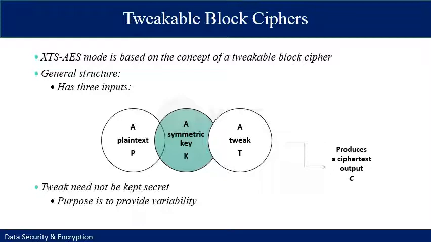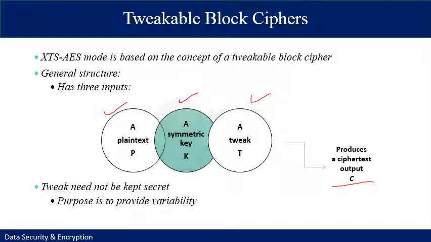A tweakable block cipher is one which has three inputs: a plain text P, a symmetric key K, and a tweak T, which is similar to the plain text, or it can be different from plain text. So a plain text P, a symmetric key K and a tweak T, and it produces a cipher output C.